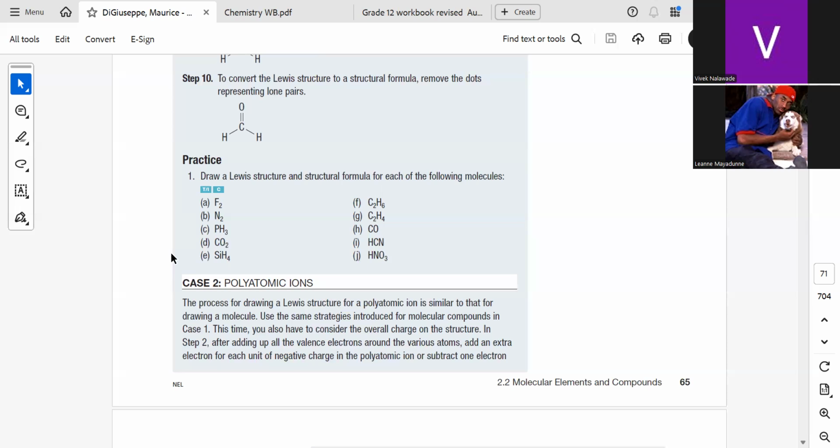Okay, I'm sending it. And then try C2H6. Yeah, that's correct.